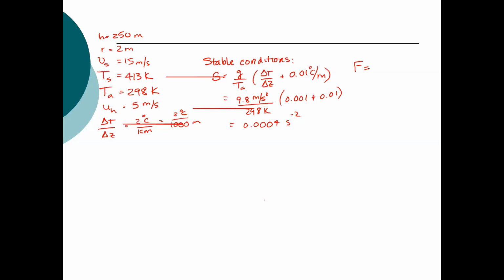F, our buoyancy parameter, is equal to g r squared V sub S times 1 minus T sub A over T sub S. So we substitute in, that's 9.8 meters per second squared times 2 meters squared times 15 meters per second times 1 minus 298 over 413, and that is equal to 164 meters to the fourth per second cubed.